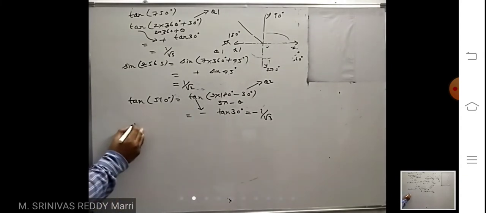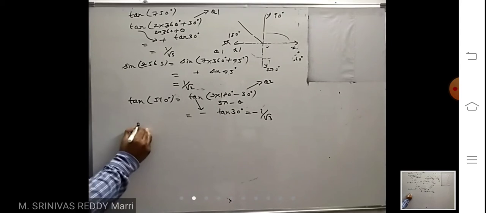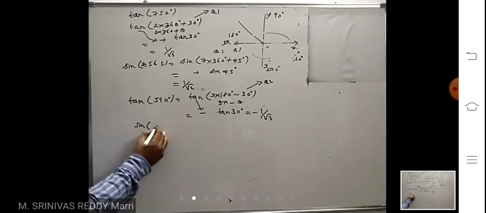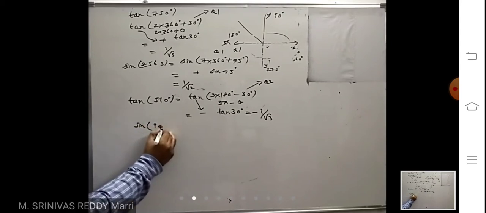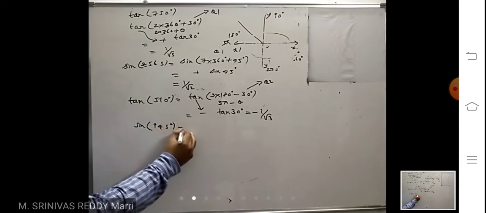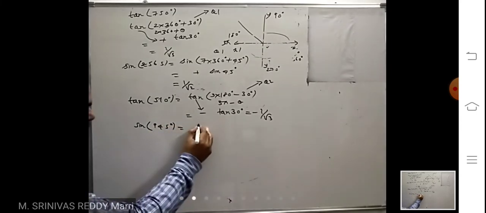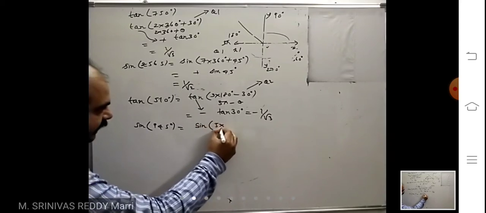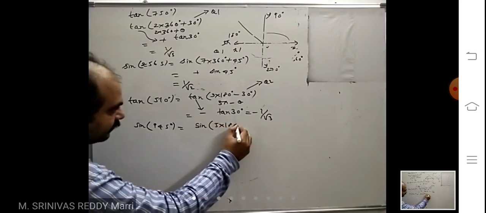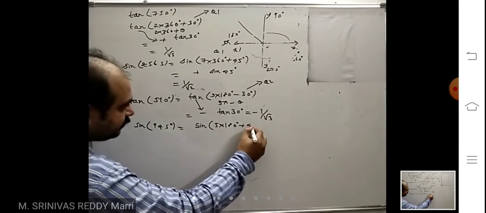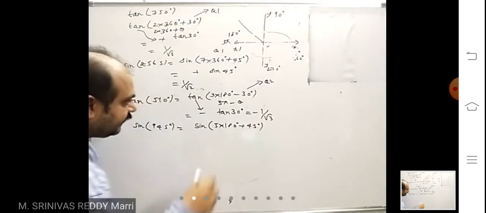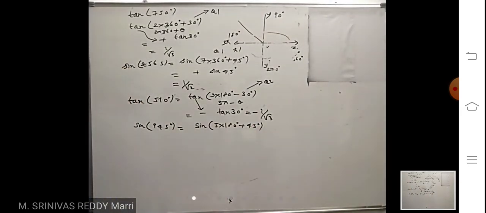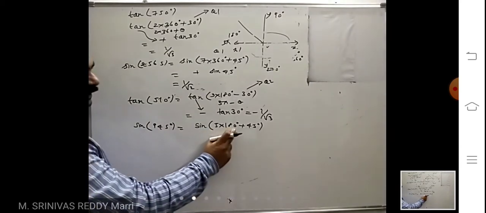Suppose I want sine 945 degree. I will write: I know that 5 into 180 is 900, plus 45. Now look at 5 180s.